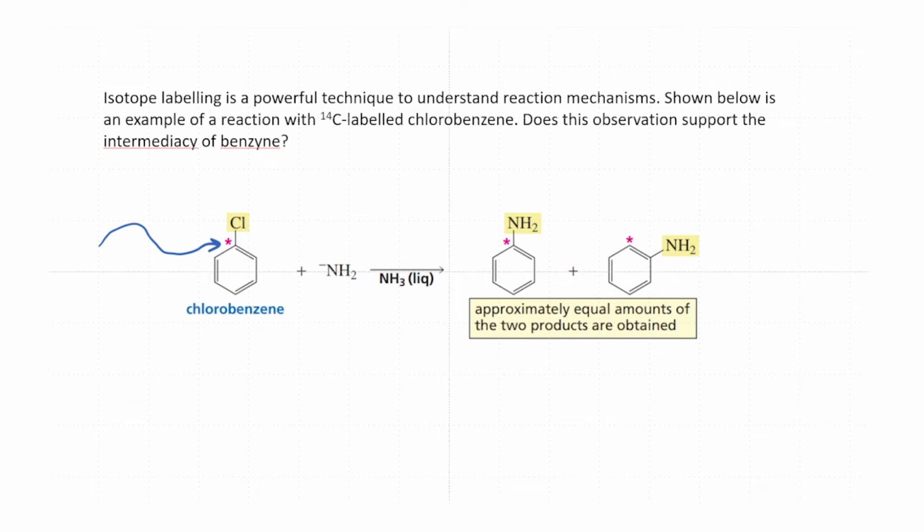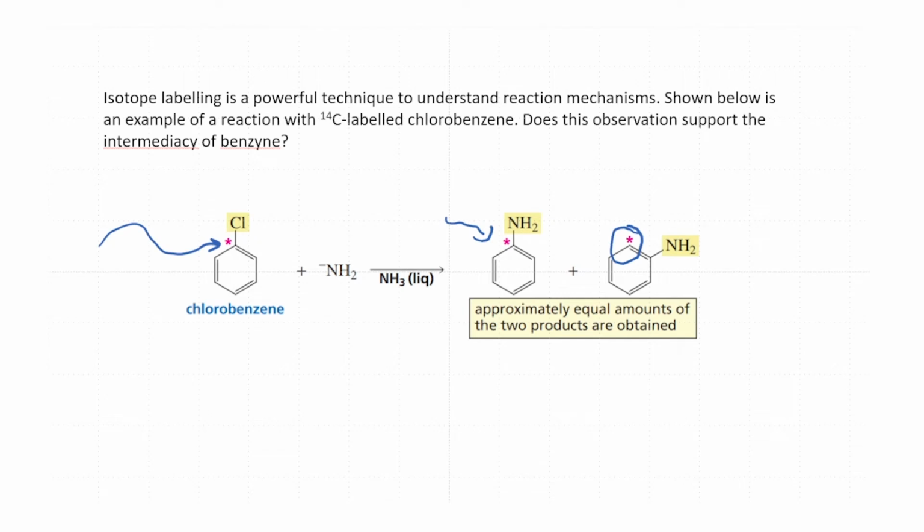So, for example, if it was a direct substitution, if you replace chlorine with NH2, then this would be the exclusive product that is formed. But according to the observation, you have an almost 1:1 mixture of the carbon 14 label being here versus being here, which is right next to the NH2.